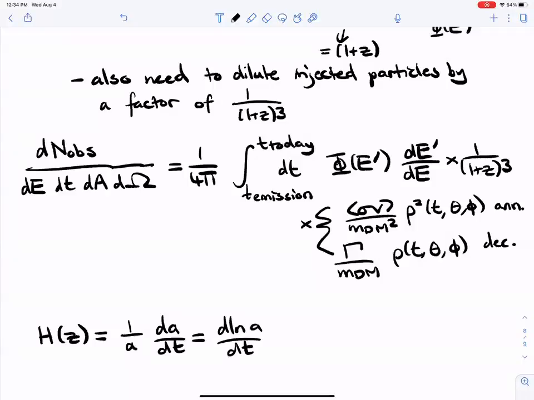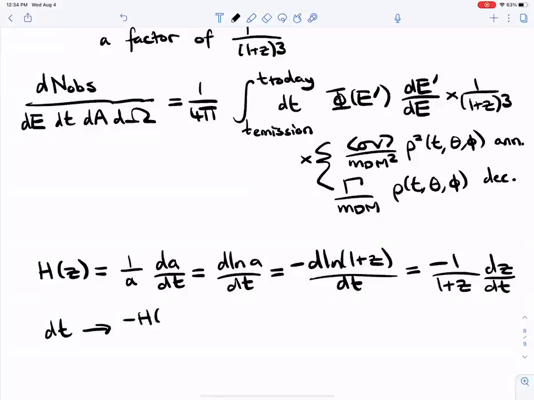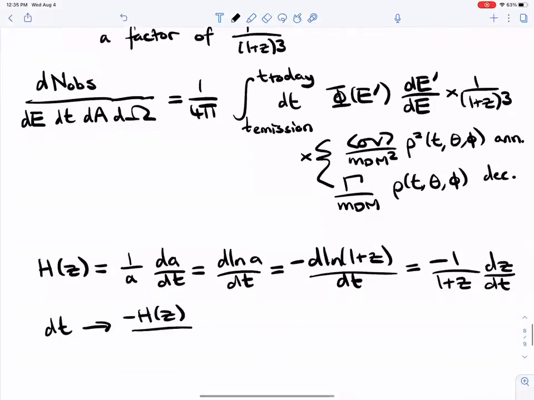Since a, the expansion factor, scales like 1 over 1 plus z, we can rewrite this as minus d log 1 plus z over dt, so that's minus 1 over 1 plus z dz by dt. So to convert this integral over dt into an integral over dz, we need to multiply by a factor of minus 1 over h of z times 1 plus z, dz.